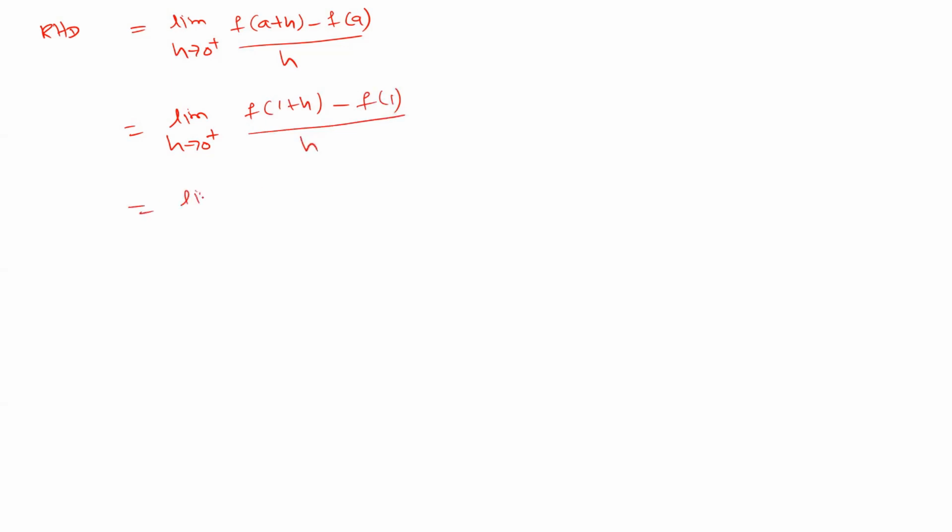So limit h tends to 0 plus. f of 1 plus h is nothing but 1 plus h only. Minus f of 1 is nothing but the greatest integer function of 1, divided by h. So the greatest integer function of 1 plus h is nothing but 1 only. So the greatest integer function of a plus h is nothing but a only.